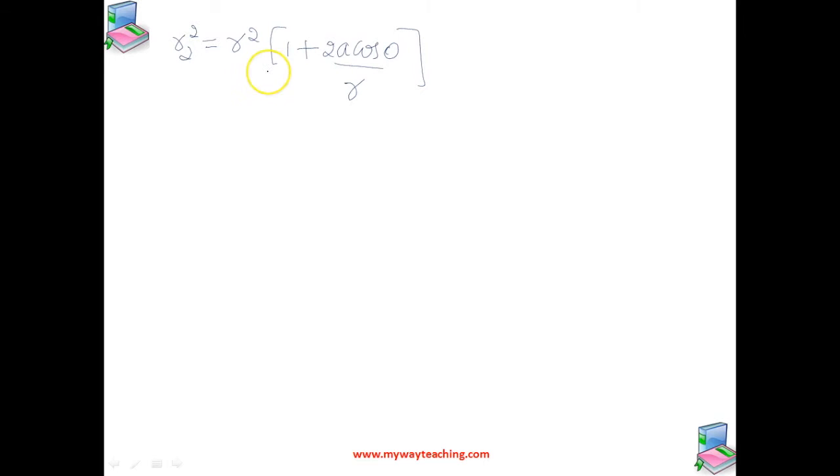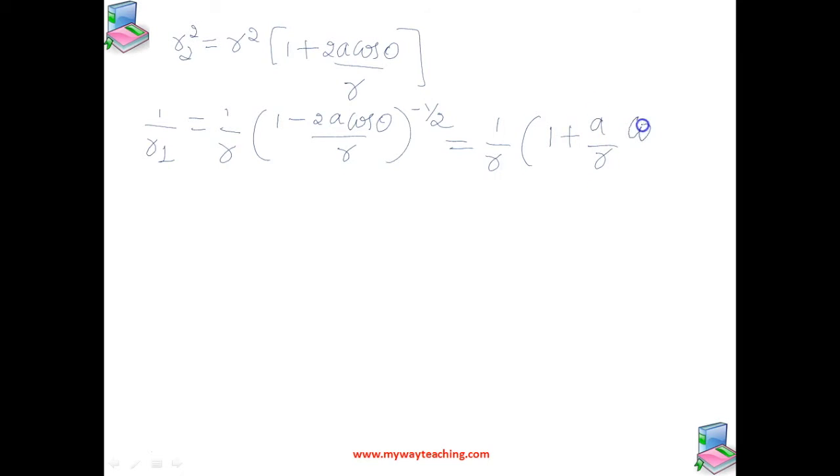And using the binomial theorem and retaining terms up to the first order in a by R, we get 1 by R1 is equal to 1 by R times 1 minus 2a cos theta by R raised to the power minus 1 by 2, which is equal to 1 by R times 1 plus a by R cos theta.